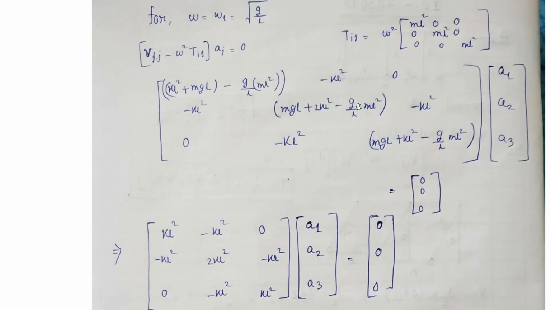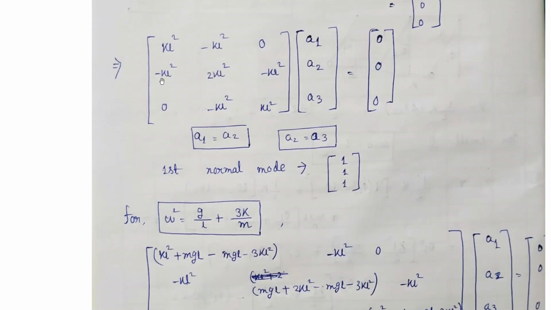Similarly, in place of omega square I substitute g by L, and ml square is the second diagonal term here, and similarly the third diagonal term. The off diagonal terms are not changed because Tij is a diagonal matrix, and this is multiplied by the column matrix of Ai, and this is a totally null matrix. So now you have a product of two matrices and that is a null matrix.